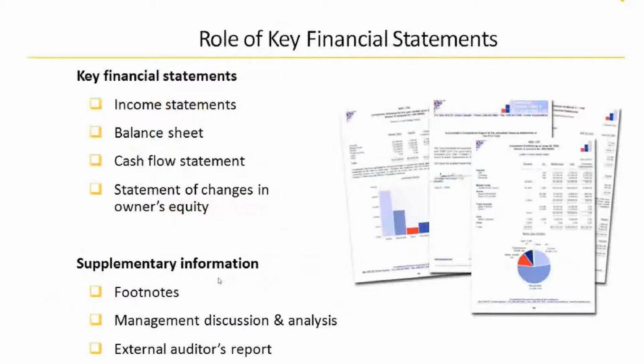The key financial statements are the income statement, balance sheet, and cash flow statement, and the statement of owner's equity. We will also look at the footnotes, like supplementary information, management decisions and analysis, and external auditor reports.